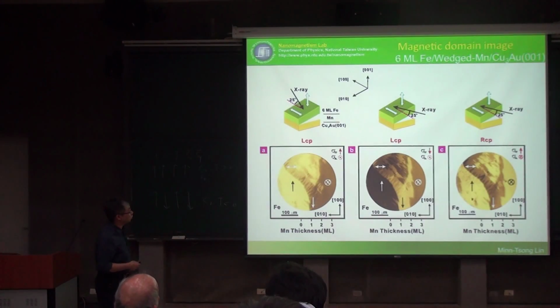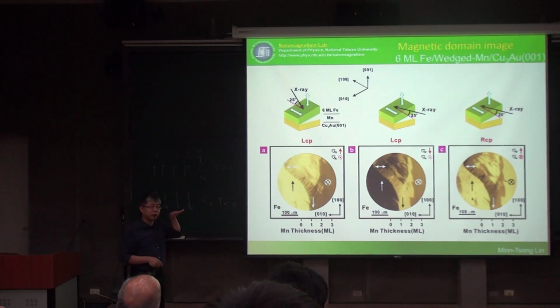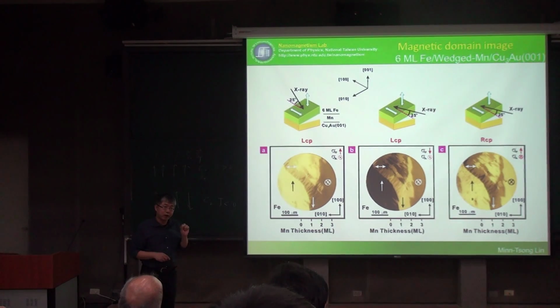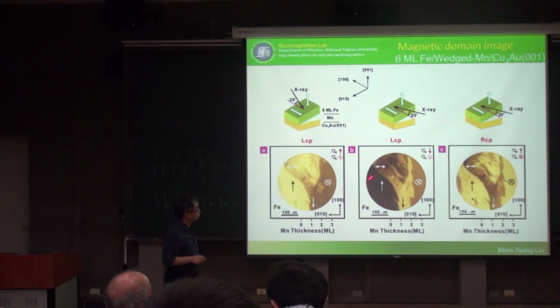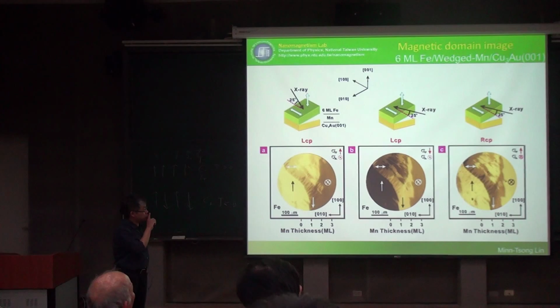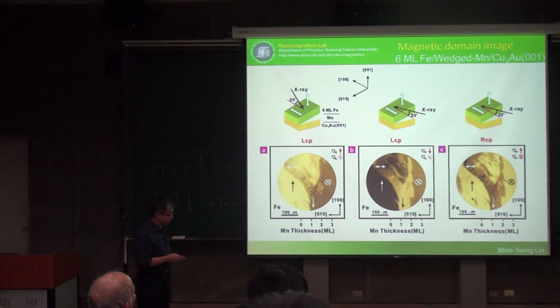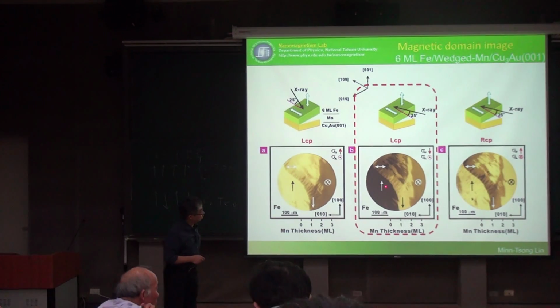However, if you go to the 6 monolayer layer here, and we deposit the magnet wedge here, and we take the top view and use XMCD to take the domain image or the domain contrast. LCP simply shows that we use left circular polarized light.